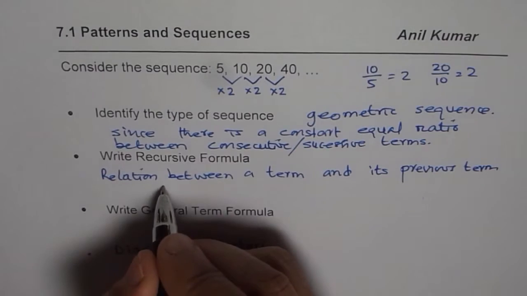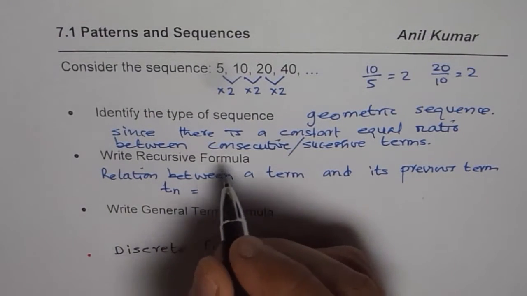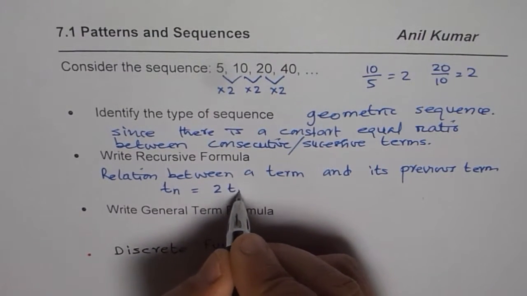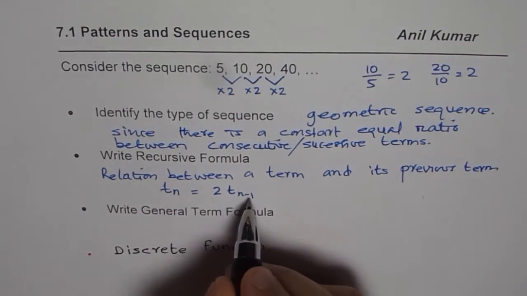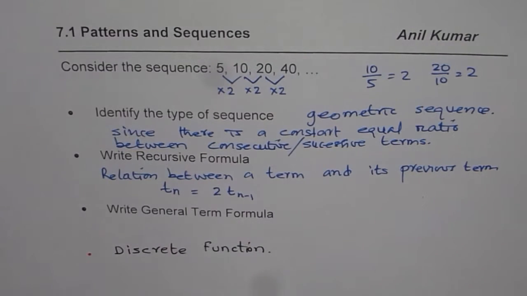We can say that term Tn is equal to 2 times the previous term. So we can write this as 2 times Tn minus 1. So n minus 1 represents the previous term. So that is how we can relate it.